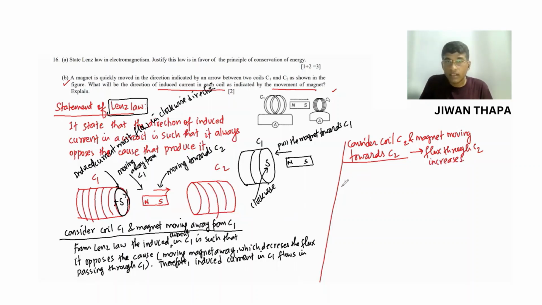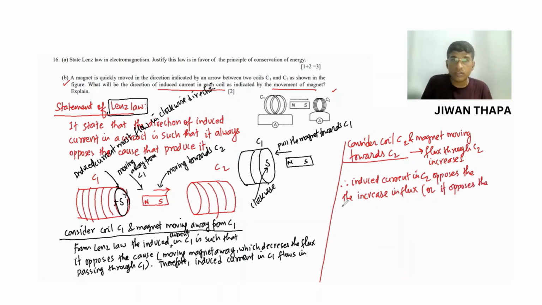Therefore, the induced current in C2 opposes the increase in flux, or it opposes the motion of the magnet towards C2.